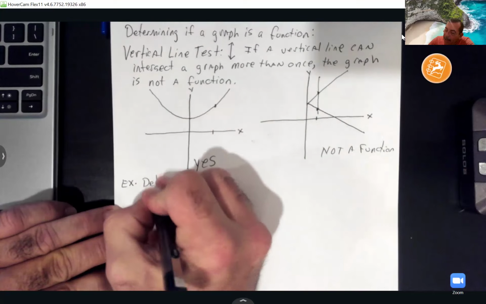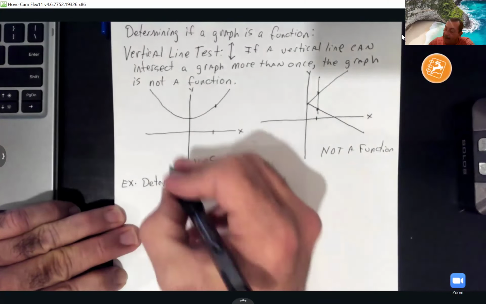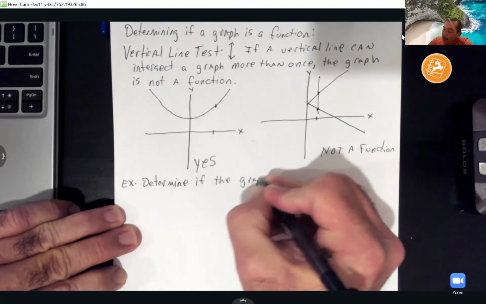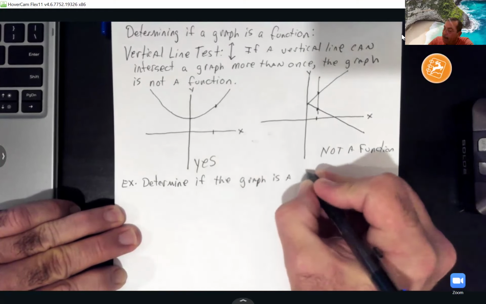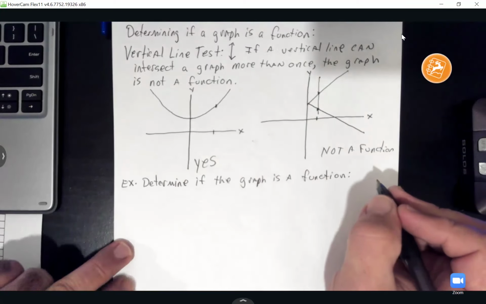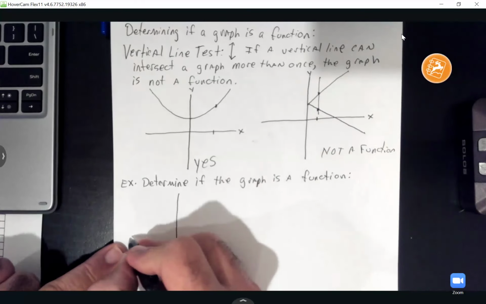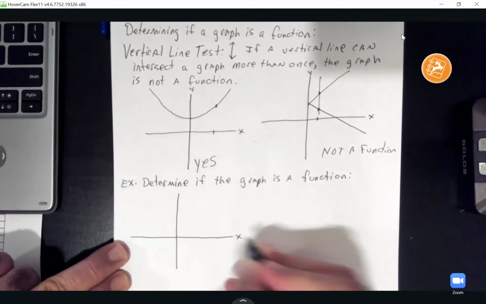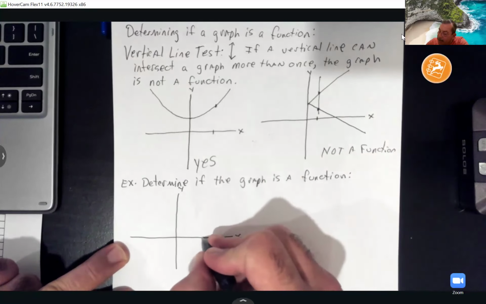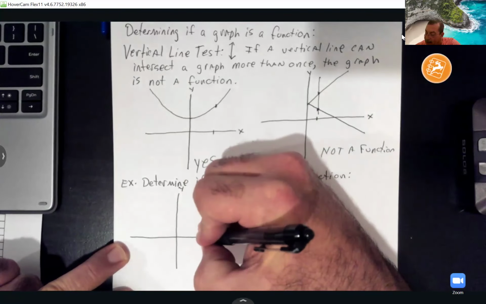So y'all, now that you know that, let's see how y'all do. Y'all are going to determine if the graph is a function. Alrighty, so there's my x and y, and I'm just going to do an absolute value right off the side of my graph.